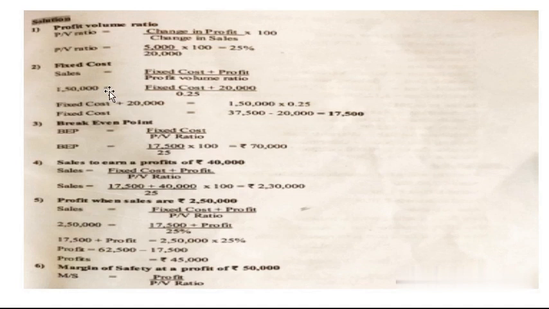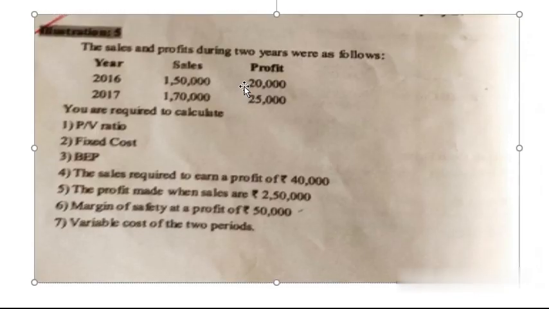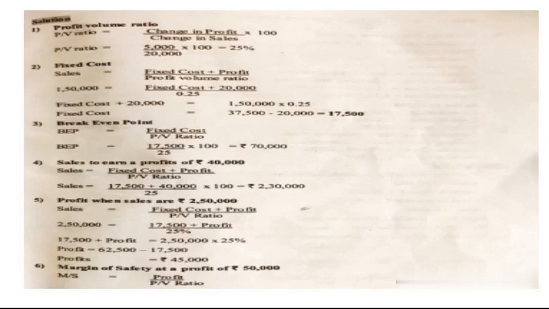So 1,50,000 we will take for 2016, and the profit for that particular year is 20,000. So sales is fixed cost plus profit divided by PV ratio, which I have already found as 25%.